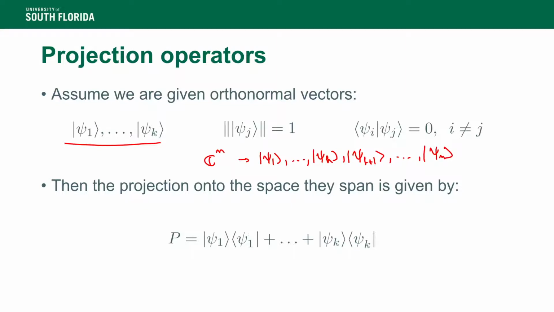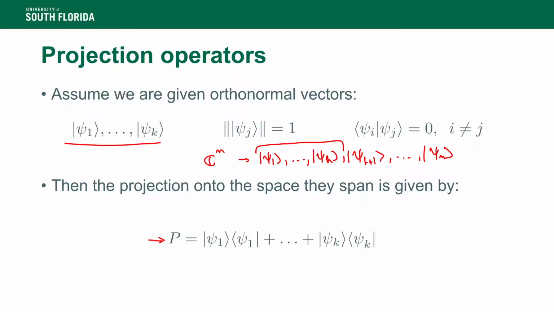And we're going to project onto the span of just the first k vectors, okay? And what I claim here is that the matrix that's going to perform this projection is given to us by the sum of the outer products of the psi i for i ranging from 1 to k.